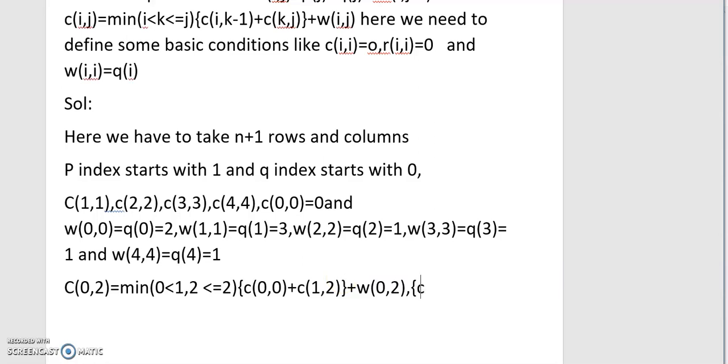And we need to find another value, C of i, here taking the k value as 2. If you take the k value as 2, then C of i comma k minus 1 means 0 comma 2 minus 1, means 1, plus C of k comma j. K value is 2, j value also 2. Okay, plus W of i comma j.